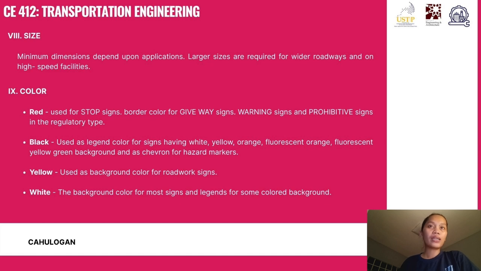Next is black, which is primarily used as a legend color on white, yellow, orange, fluorescent yellow, and green backgrounds, and as a chevron for hazard markers. And then again, we have yellow, which is used as a background for road work signs, and white, which is the background color for most of the signs, and legends for some colored backgrounds.